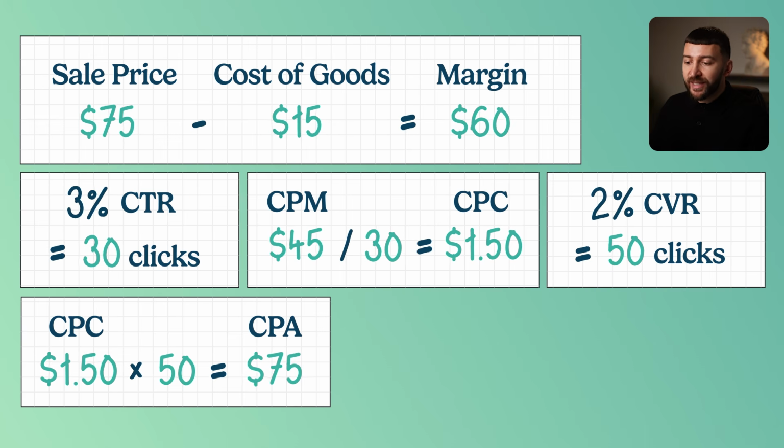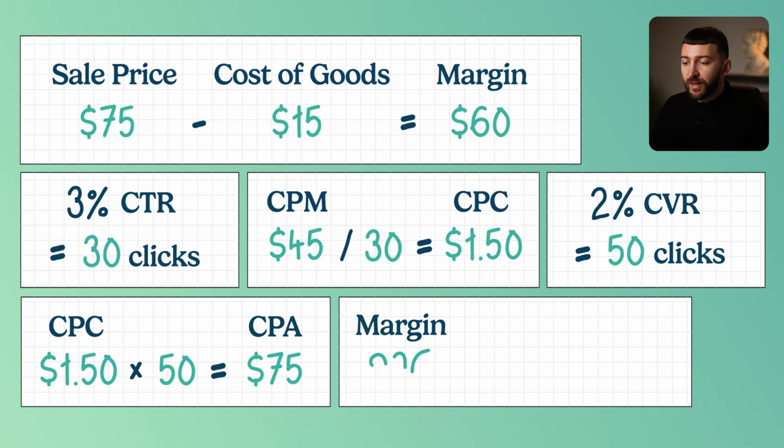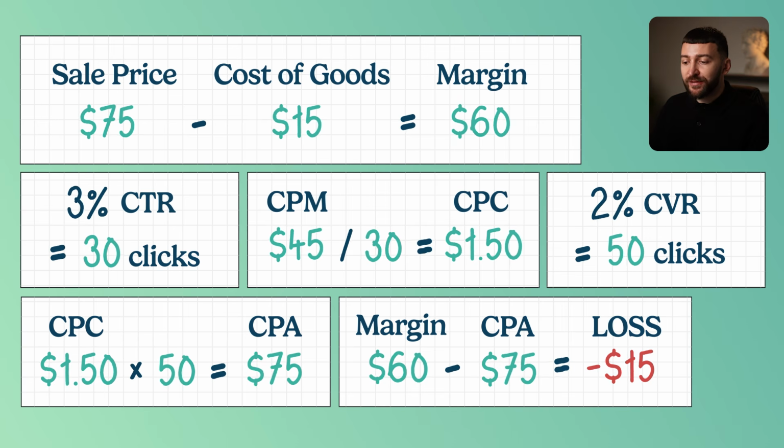Now, if we go right back to the beginning of this equation, my margin was $60, and based on my CPM of $45, it's going to cost me $75 to achieve a sale with this CPM, which means I'm making a $15 loss on every sale achieved.